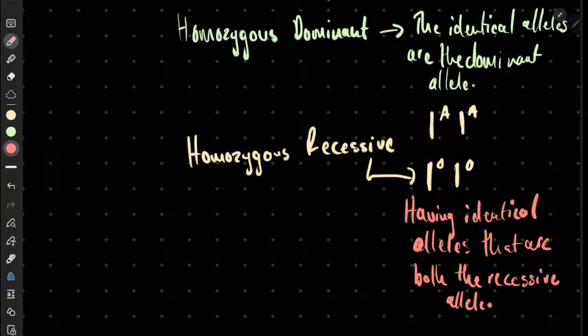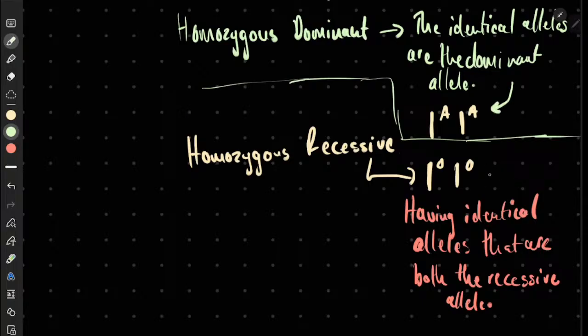That's what it means. So when you're homozygous, it means you have the same alleles. We would want to know, are those same alleles the dominant ones like here, or are they the recessive ones? Having the same allele but it's the recessive one, we would want to know that.